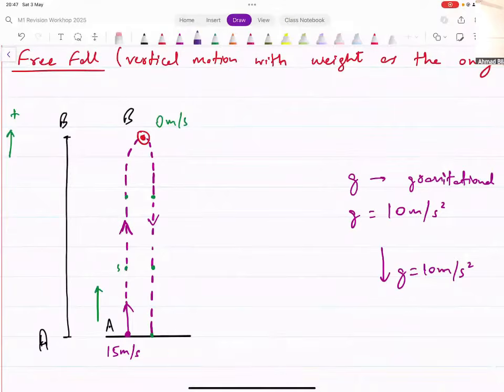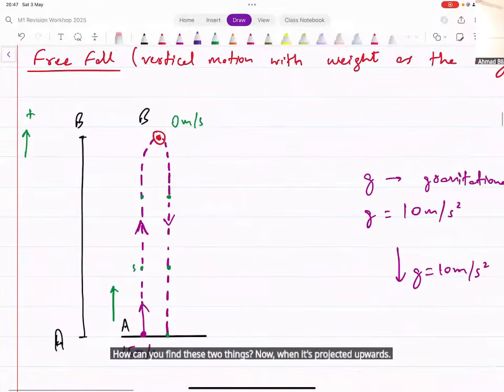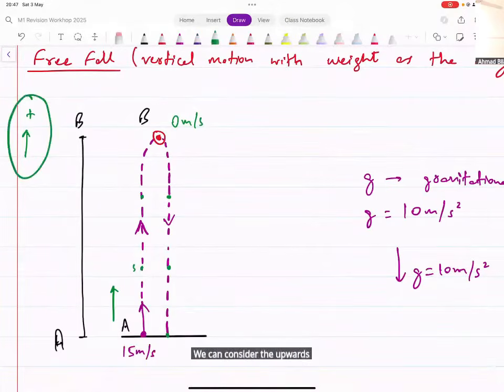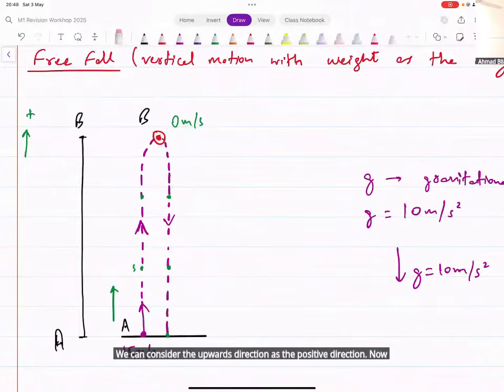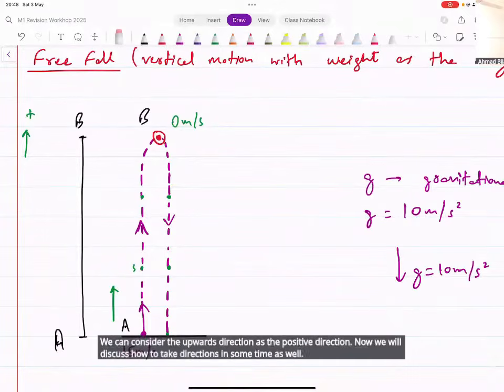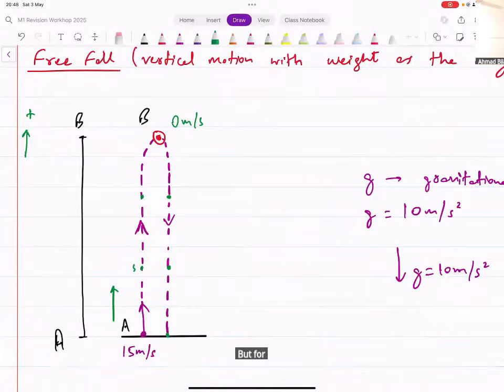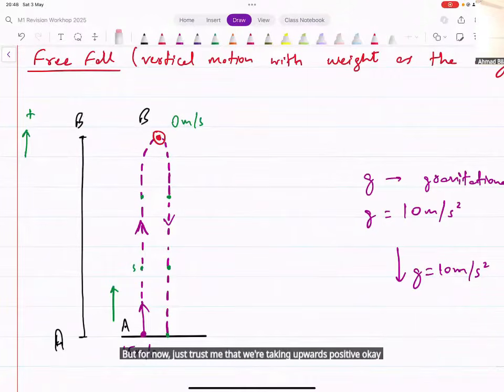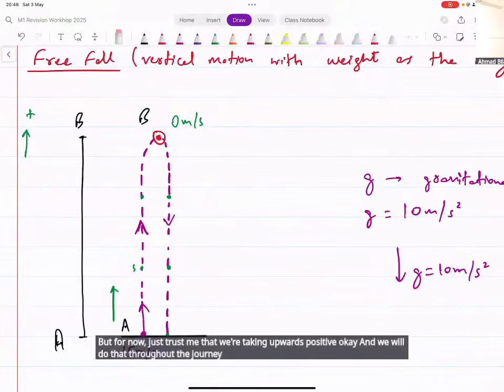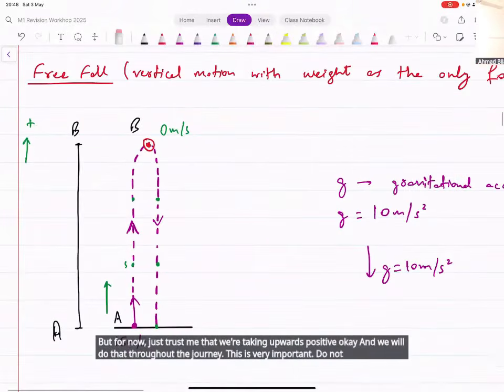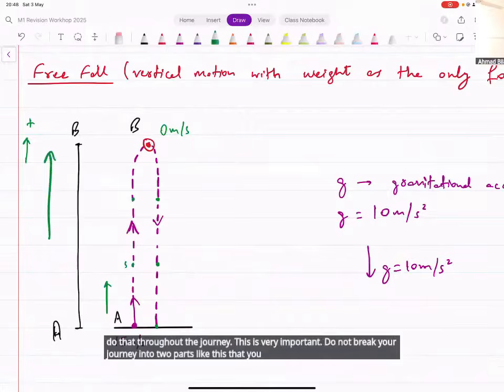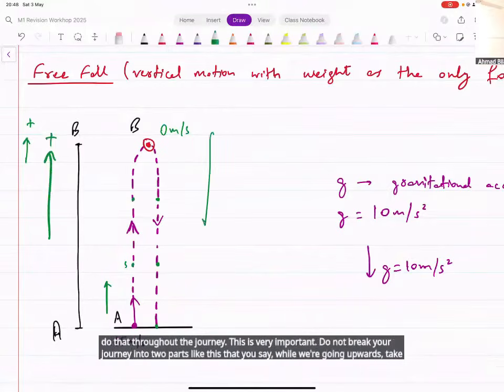Now, when it's projected upwards, we can consider the upwards direction as the positive direction. We will discuss how to take directions in some time as well. But for now, just trust me that we're taking upwards as positive, and we will do that throughout the journey. This is very important. Do not break your journey into two parts, saying while we're going upwards take this positive, while we're going downwards take this positive.